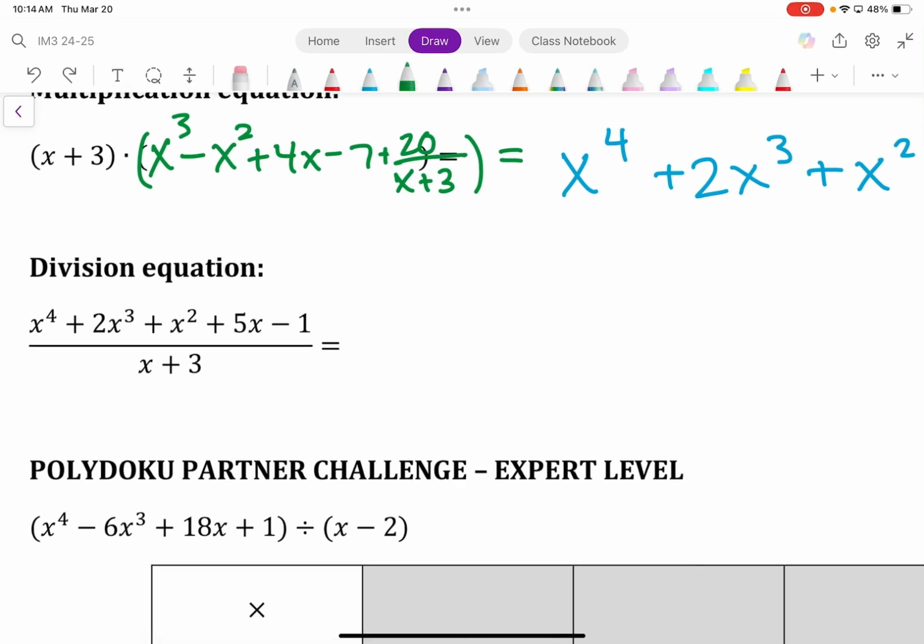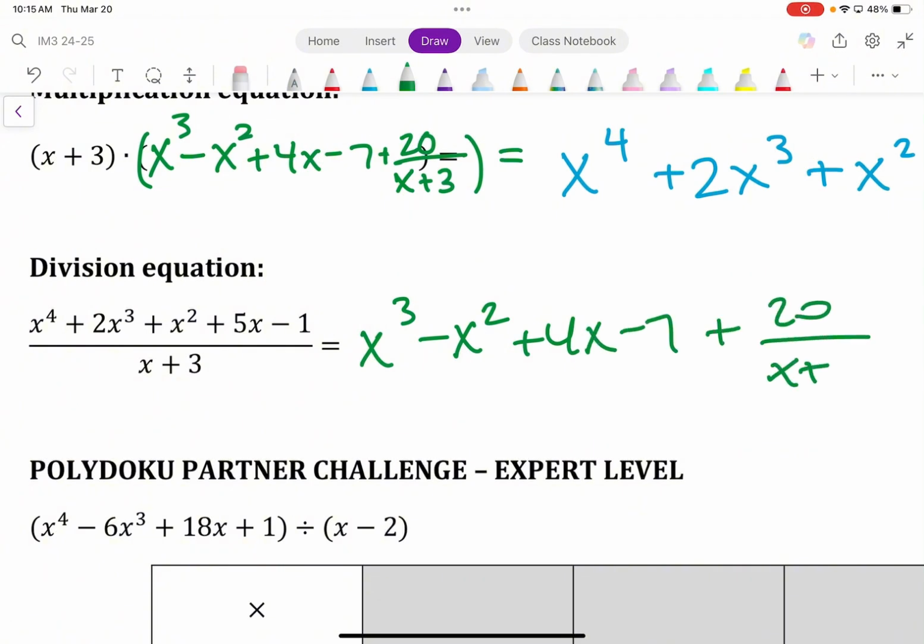All right, and then down here we write the same thing. So x to the third minus x squared plus 4x minus 7 plus 20 over x plus 3.